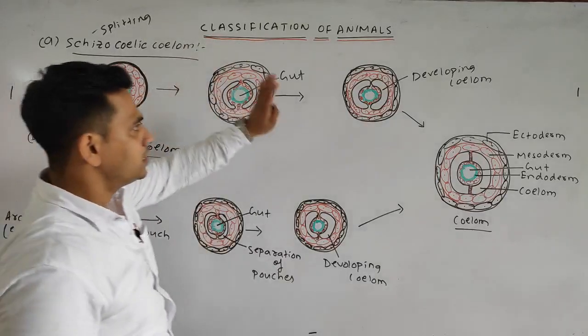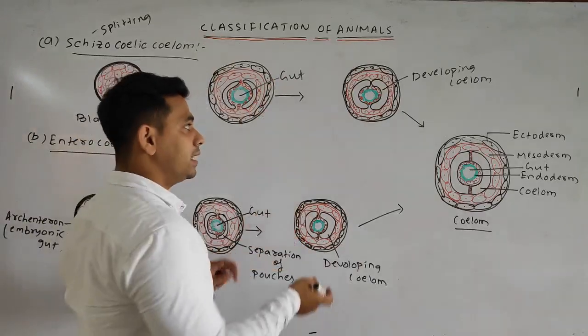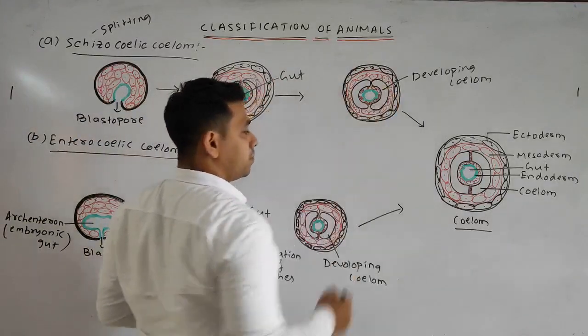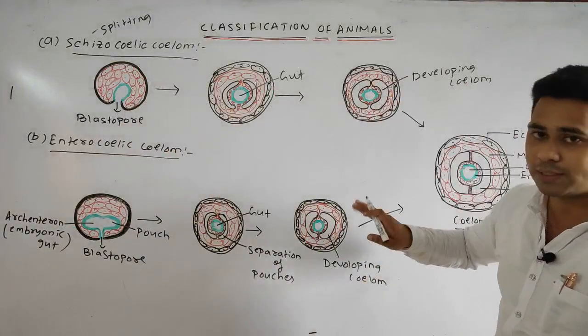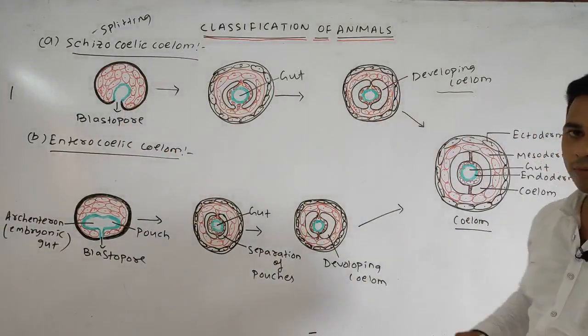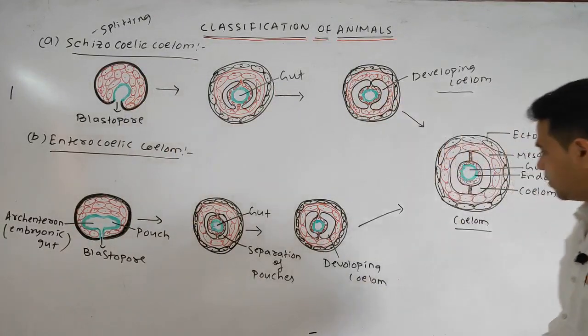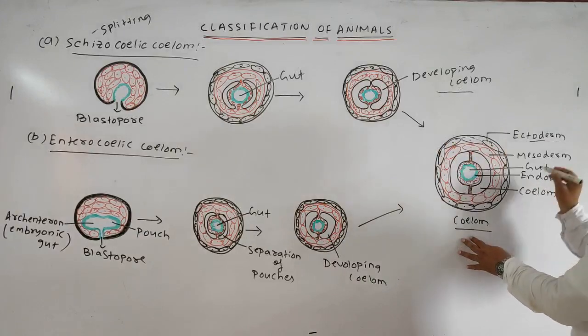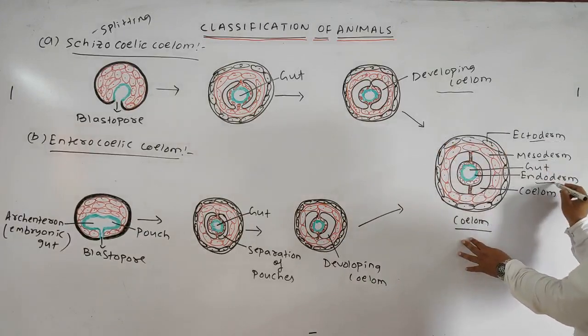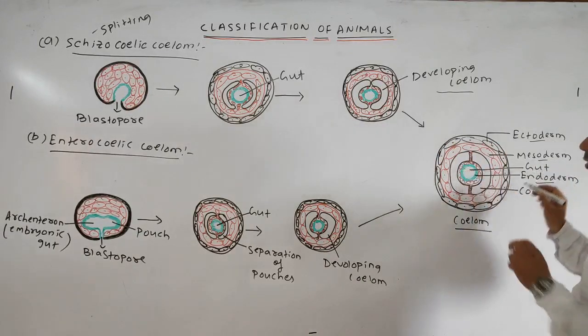Next, it is further developed. As I said, a true coelom should be lined by mesodermal cells. So it is lined by the mesodermal cells, and this is the developing coelom. Finally, it will be completely developed into such a structure, having the outer ectoderm, middle mesoderm, inner endoderm, and this center one is called the primitive gut.